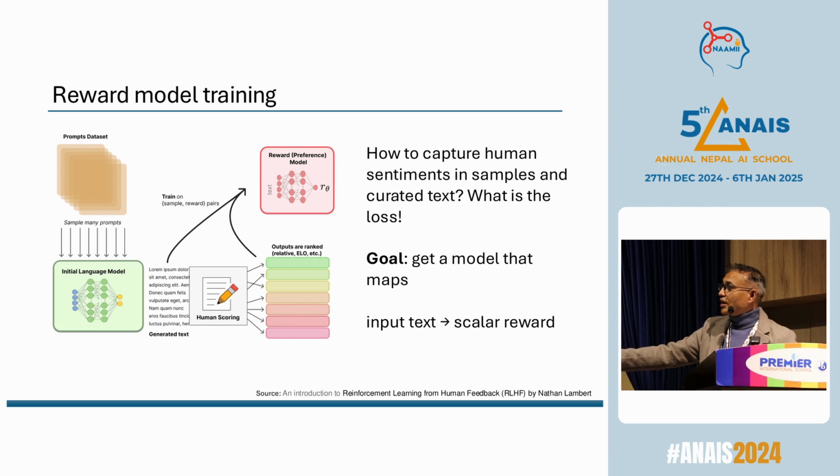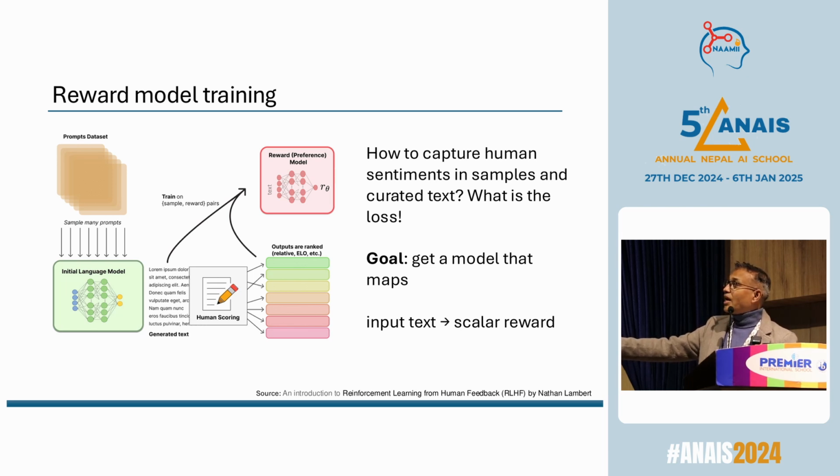Actually, you rank all these inputs. What is this information? For example, a prompt is given to the initial language model. It gives you the output, and this output is rated by the user, the human being, right? By the user or client. All this information will be collected, and the collected information is used to train a reward model.